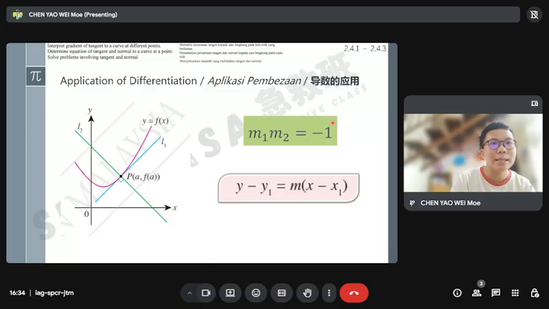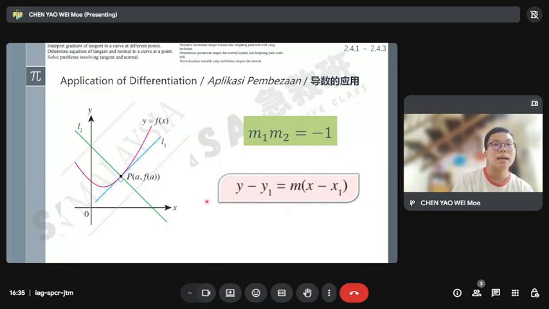And this equation, I think you knew before in Form 4 Chapter 7, but now this equation is used to find the equation of the tangent or the normal. Usually it is finding the equation of the normal. This equation comes from the gradient formula, m equals y2 minus y1 over x2 minus x1.